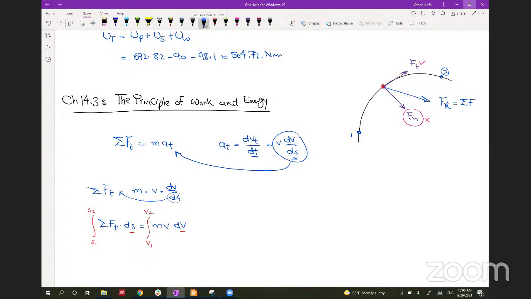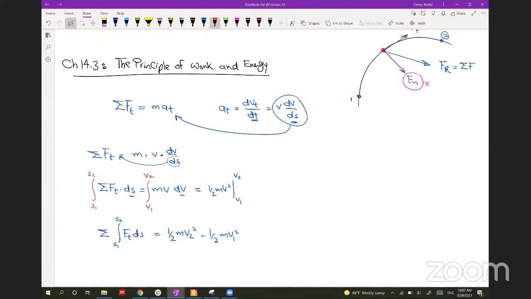We can take the sum outside the integration, and the integral of F tangent ds from S1 to S2 will be equal to half m v2 squared minus half m v1 squared, because the integration of m v dv gives half m v squared, and when you substitute the upper boundary v2 and the lower boundary v1, it gives v2 squared minus v1 squared.